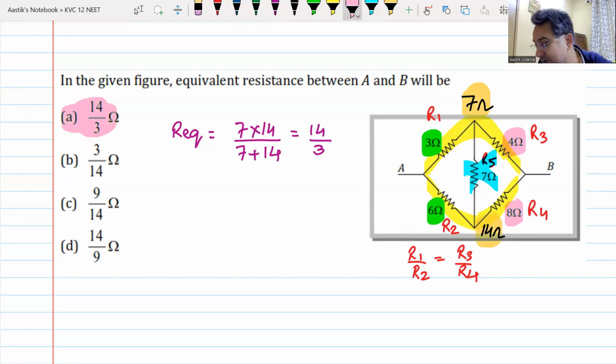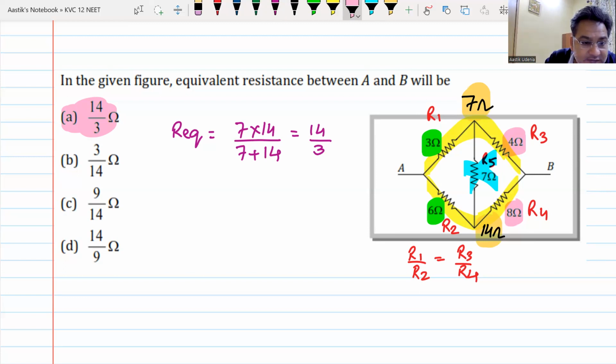Do we understand balanced Wheatstone Bridge? Everyone gets this? Yes or no?